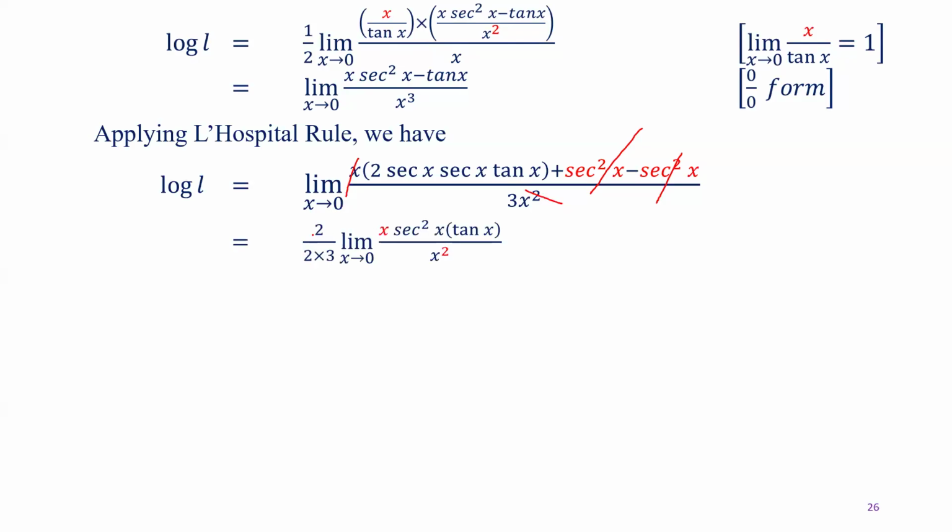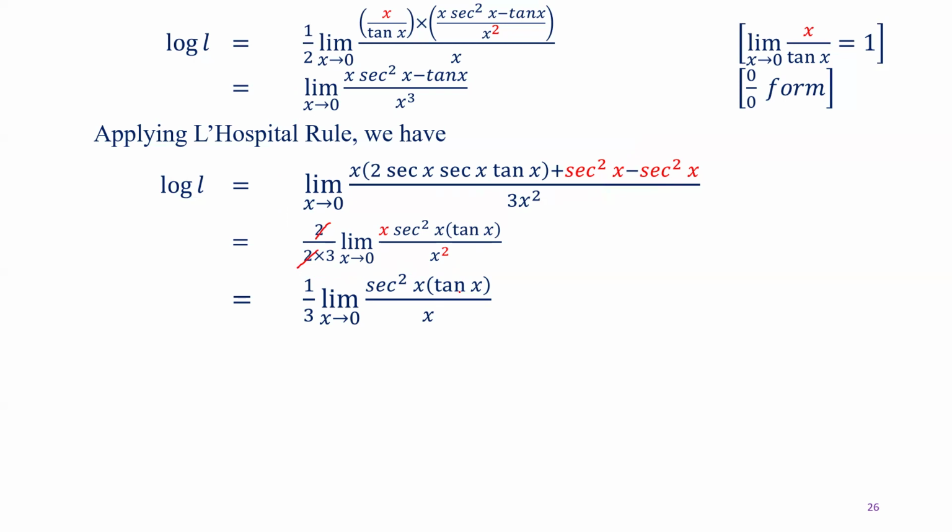Now we have 2 upon 3, and this 1 by 2 is pending over here, so we should write down also 1 by 2. So 2 upon 3 into again 1 by 2, limit of x sec² x · sec² x · tan x upon x². One by 3, this 2 will cancel.